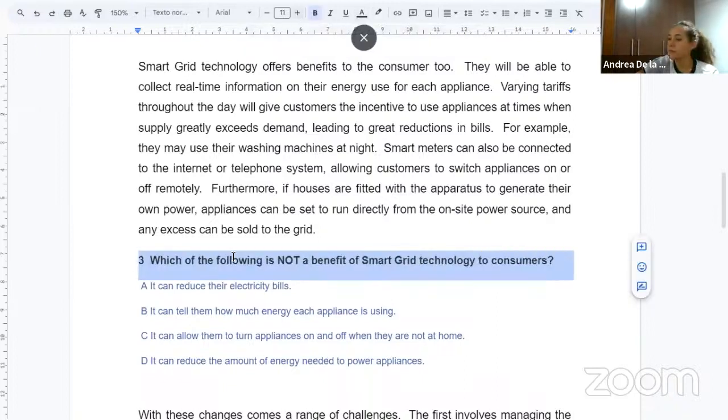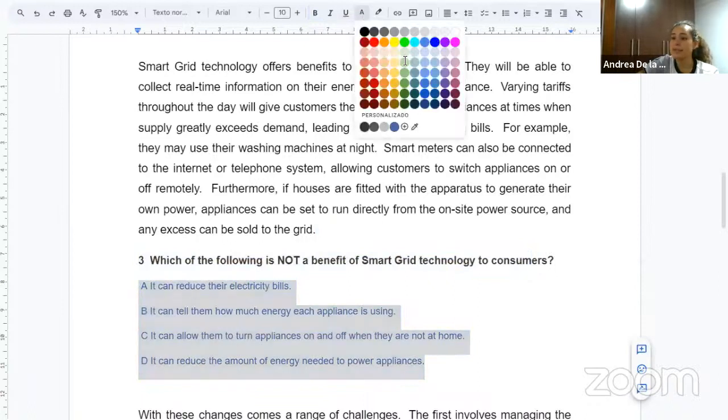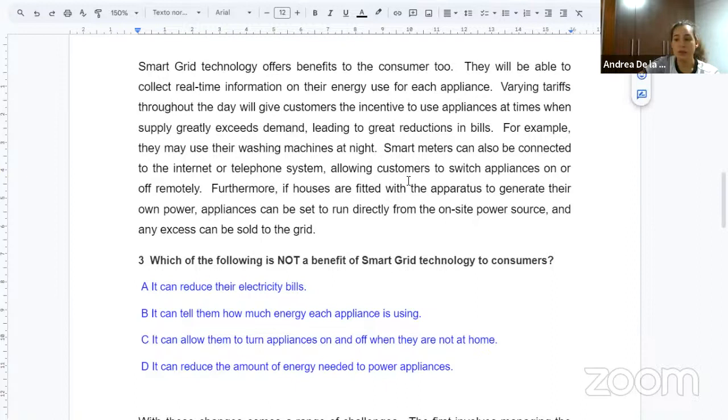This is about the benefits. So the question says, which of the following is not a benefit of the smart grid technology to consumers? This is an except question type, which means that you have to go one by one, looking at the benefits, eliminating the ones that are mentioned until you get to the one that's not. Okay, guys, I'll give you 1 minute and a half for this one.